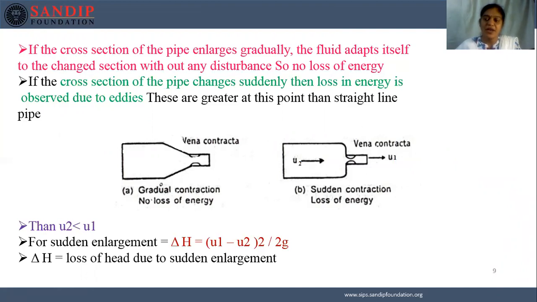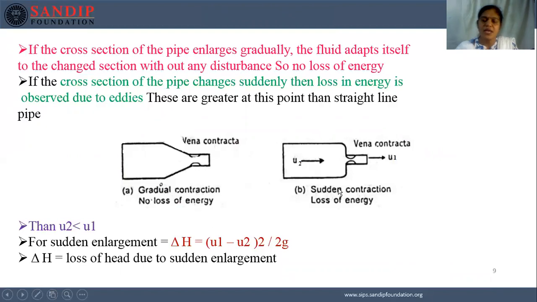The point of minimum cross section is called what? Vena contracta. So students, just keep in mind, the gradual change leads to no loss of energy, whereas the sudden change leads to the loss of energy.